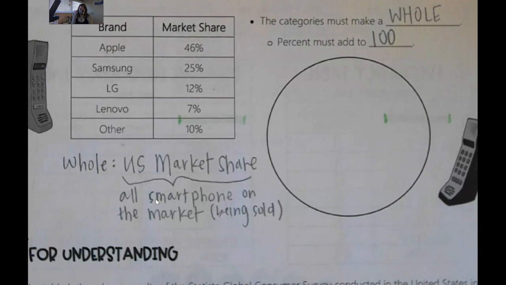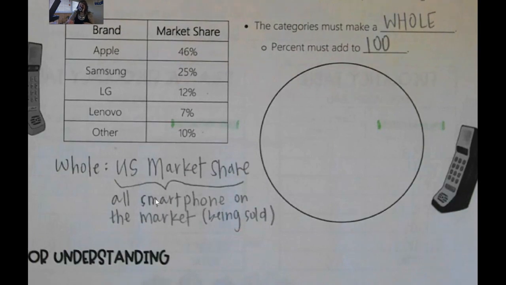You're okay? Okay, I'm gonna find the center of my circle by folding it in half. If you just want to eyeball it, that's fine, but I'm holding mine up to the light and folding it horizontally and then folding it vertically, and where they cross is going to be the center of my pie chart.